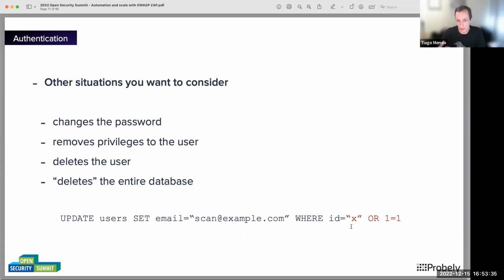These are settings you need to be aware of when you scan, even when you scan manually. But if you want to do it at scale, you need to be careful and disable these kinds of things.